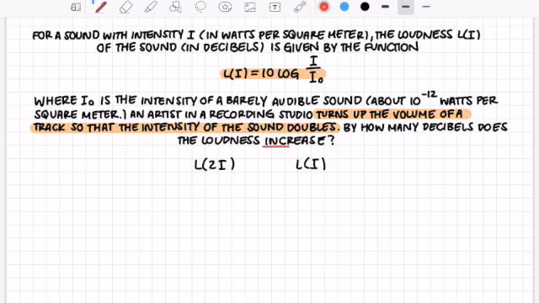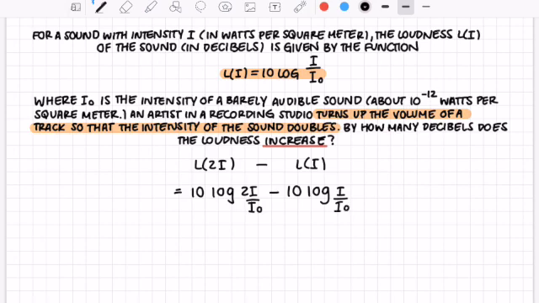If we're looking at the difference in how much it increases, I am going to be finding the difference, which is subtraction. So all I'm going to do here is rewrite my function. I have 10 log, and because we're doubling it, I'm going to write 2I over I-O, and this is subtracting our regular function, which was 10 times log I over I-O.